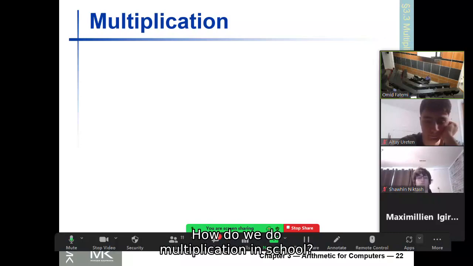How do we do multiplication in school? How did we learn to do multiplication? Whatever we did in school, we will use it here also.